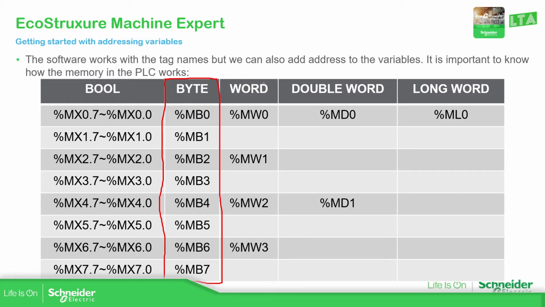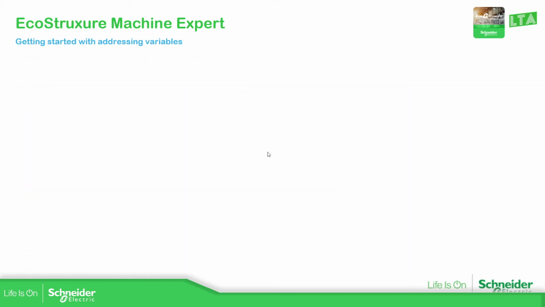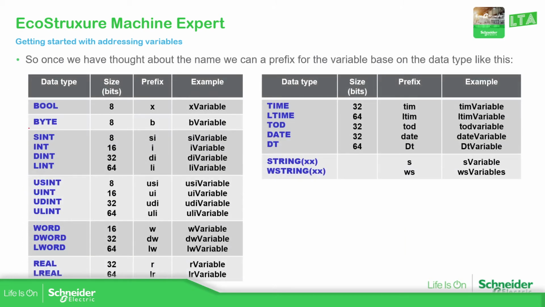You can see if you need to define a word type, if you go back over here to the size, if you define a word, the size is going to be 16 bits. So this one is going to be 2 bytes.